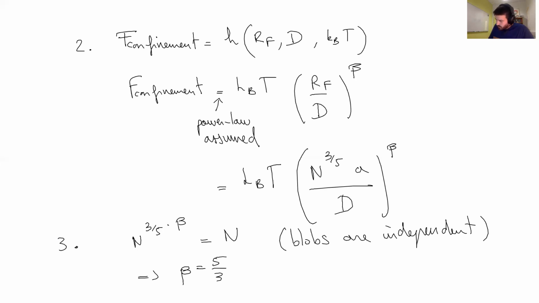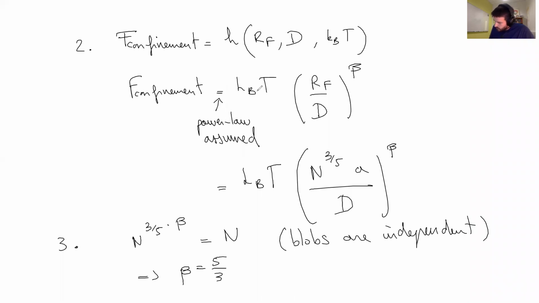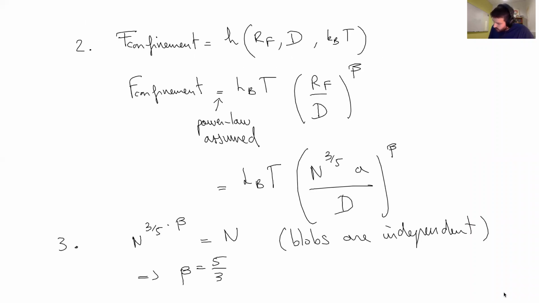Let's do, for comparison, the ideal case. So in the ideal case, the confinement free energy F is a function of kBT. Okay, let me call it F0 confinement. It's kBT times, what do we have? We have the same thing, so it's not RF, it's R0.